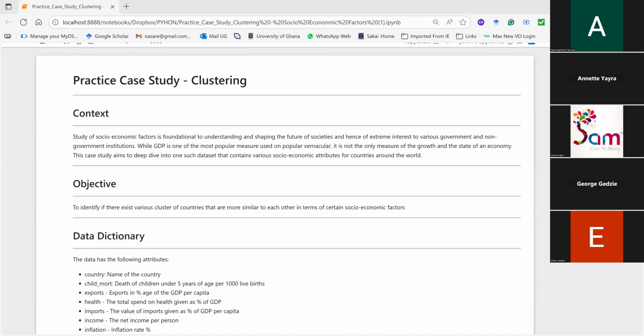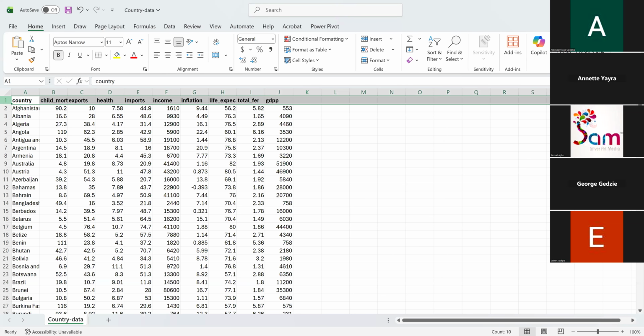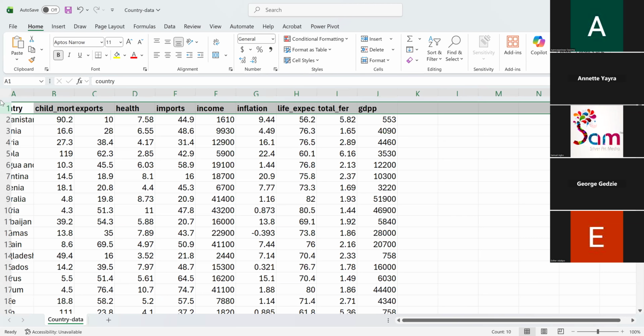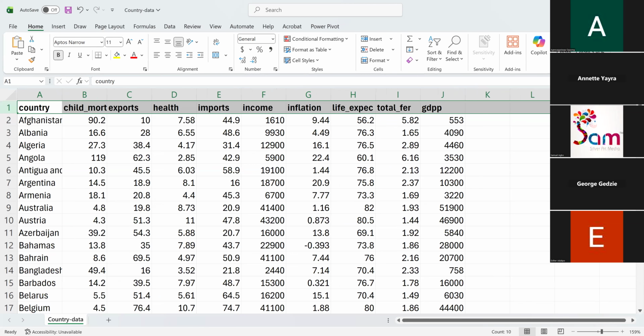Just to give you a glimpse of the data set, I'm going to open the CSV file for the data set. On the screen here, you will notice that this is a data set for multiple countries. The country is on the far left.